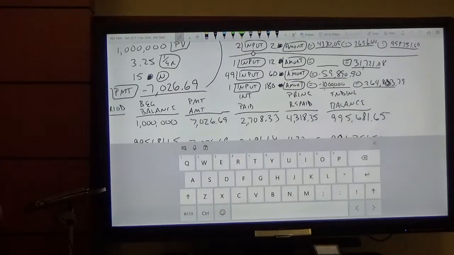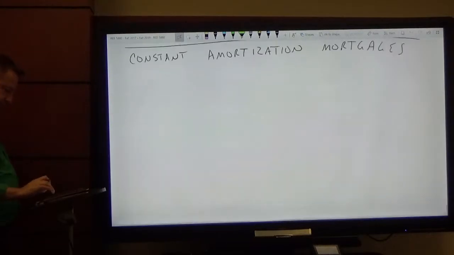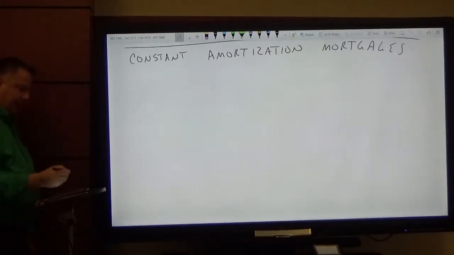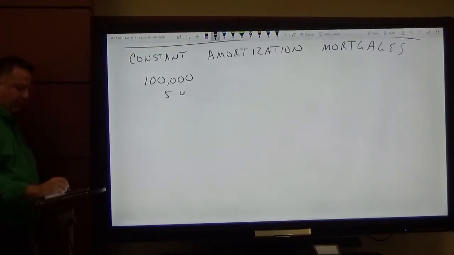For example, let's just say, kind of like our previous example, we have a $100,000 loan, 5-year term, and let's say it's a constant amortization mortgage at 10%.